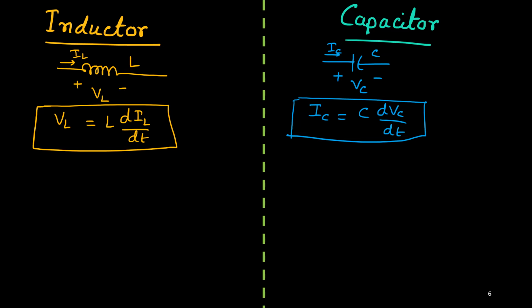Now from here we develop certain concepts. In a capacitor, for a practical circuit I have said that all the quantities I_C, V_C are finite. If you assume that all the current and voltage values in a circuit are finite, then V_C(t) in a capacitor is always a continuous function.